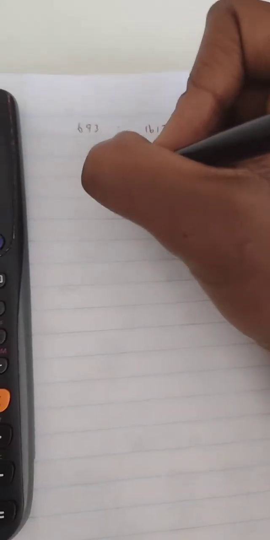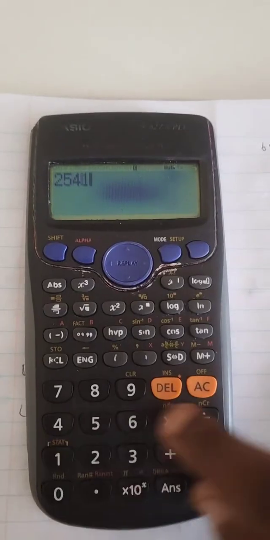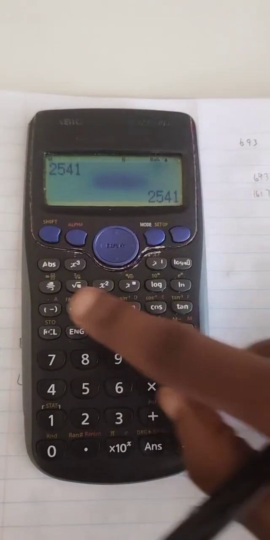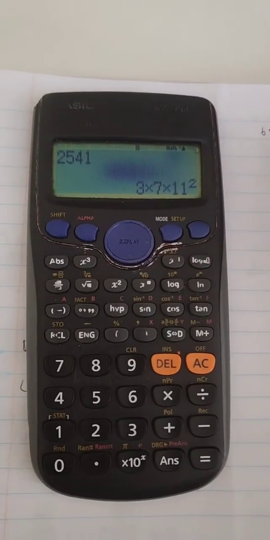That is 1617. Then lastly, 2541, equal to, shift, then factorize: 3 times 7 times 11 squared. So do you see here?